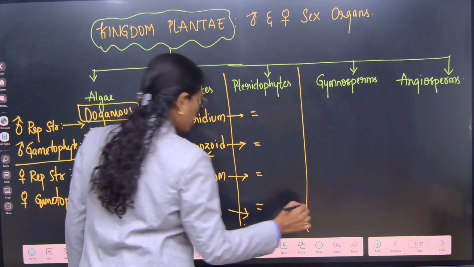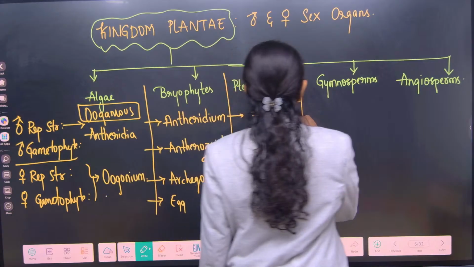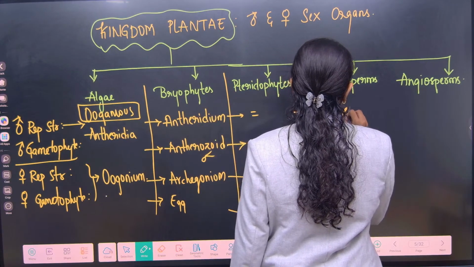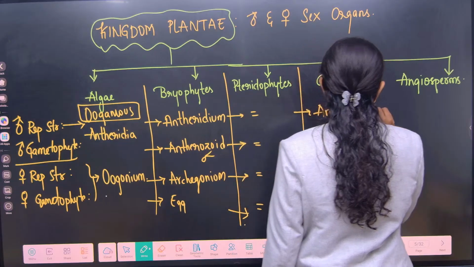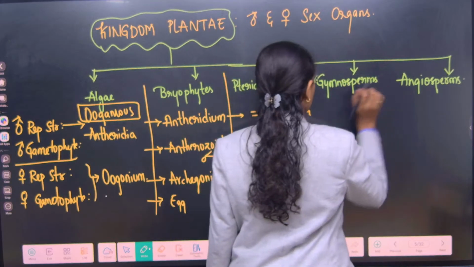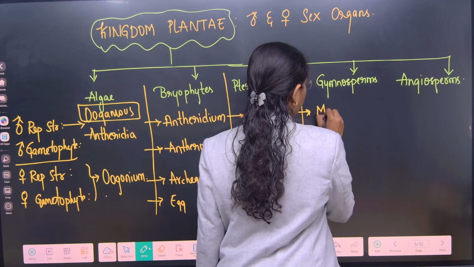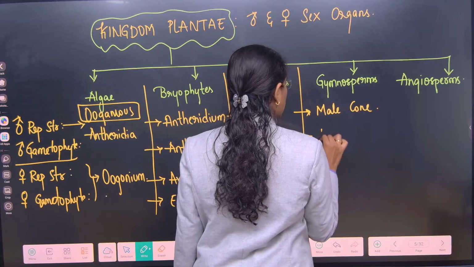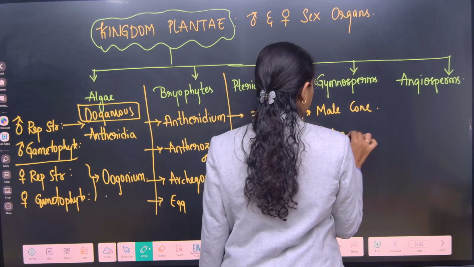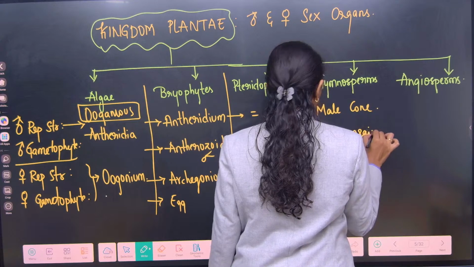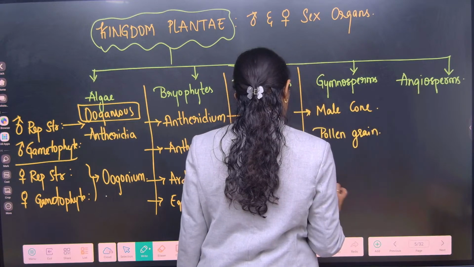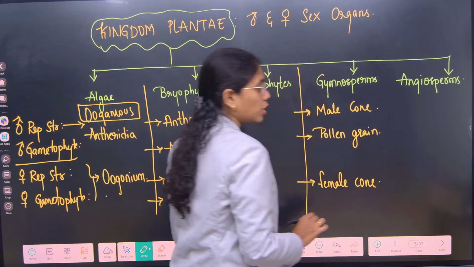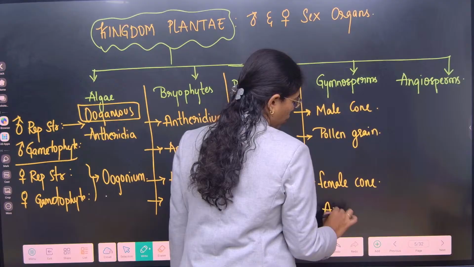Whereas in gymnosperms, the male reproductive structure is the male cone, and the gametophyte is pollen grain. Here it is the female cone, and the egg is present inside the archegonium.